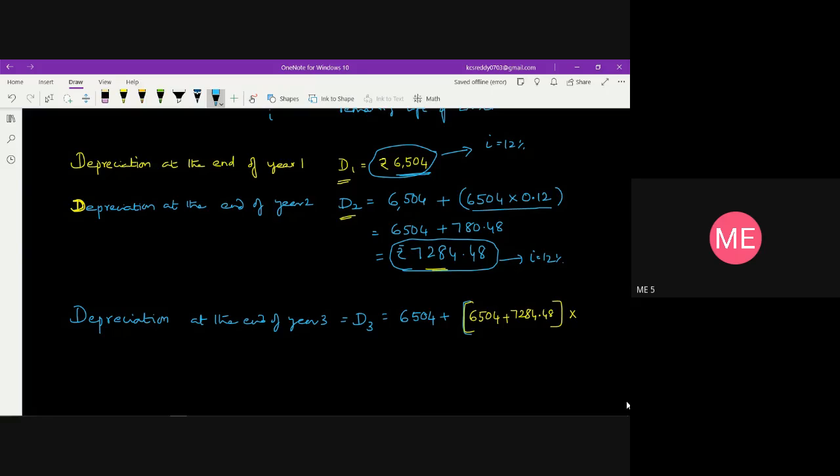So this we need to calculate. In this way, we need to calculate. Say for example, this plus this into 0.12, and this one I'm going to add.